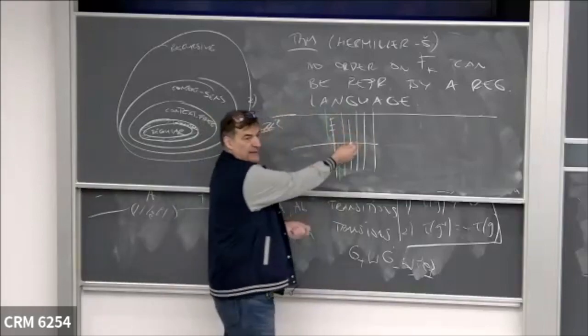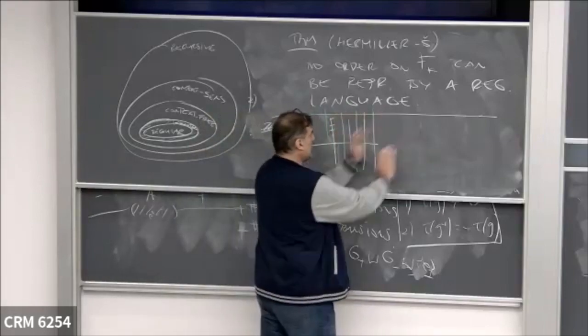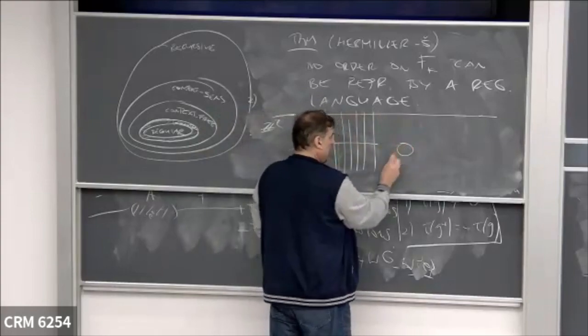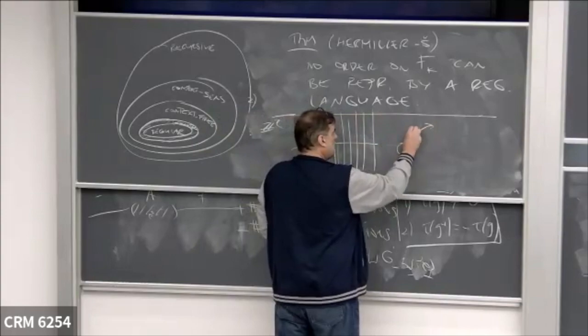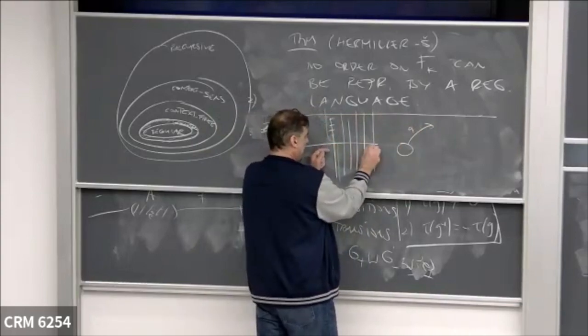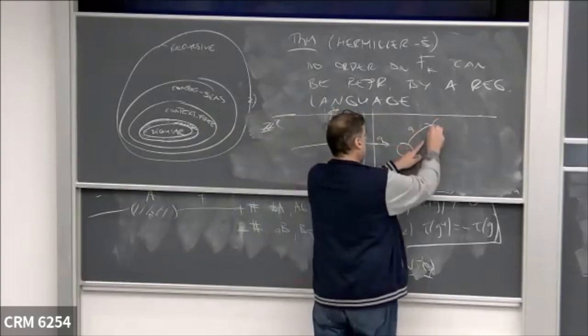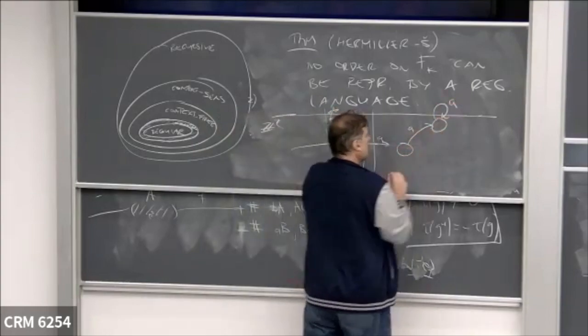You can represent this positive cone, this thing to the right of this green line, by a regular language or by an automaton, if you will. You start here. Reading A is this direction, and B is this direction. You read A, and then you are free to read as many A's as you wish.